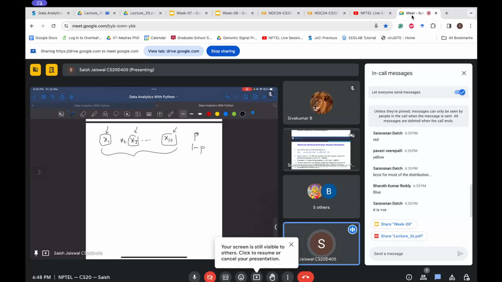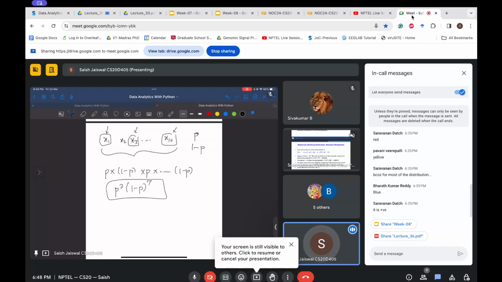So the likelihood of these particular data points will be p into 1 minus p into p and so on into 1 minus p, which is nothing but p to the power 3 into 1 minus p to the power 7.